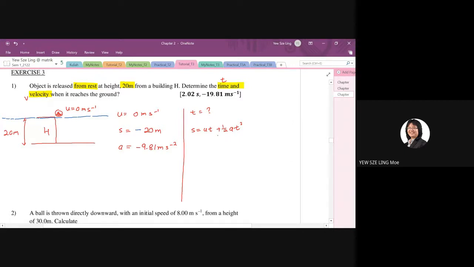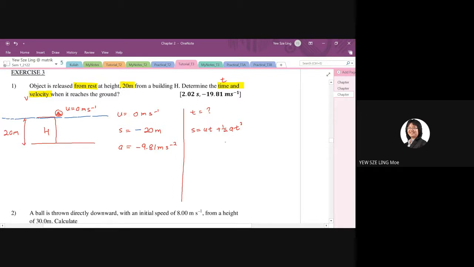But I don't encourage you to do so. Why? Because you will get confused. Sometimes you might use the wrong equations in horizontal motion, for example, or in projectile motion, and so on. So we stick to just one equation, plus 1 over 2 at squared. We don't use minus 1 over 2 gt squared, because it will make you confused.